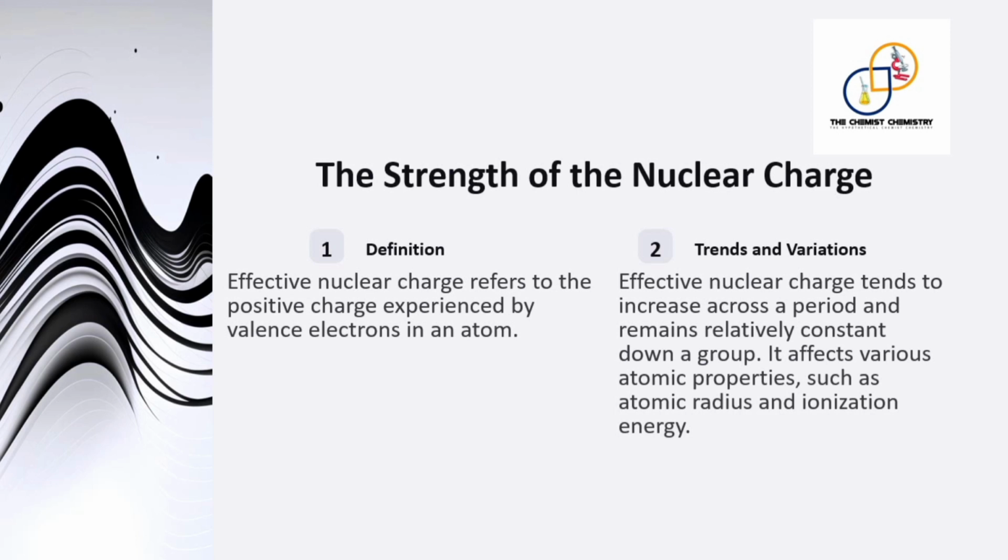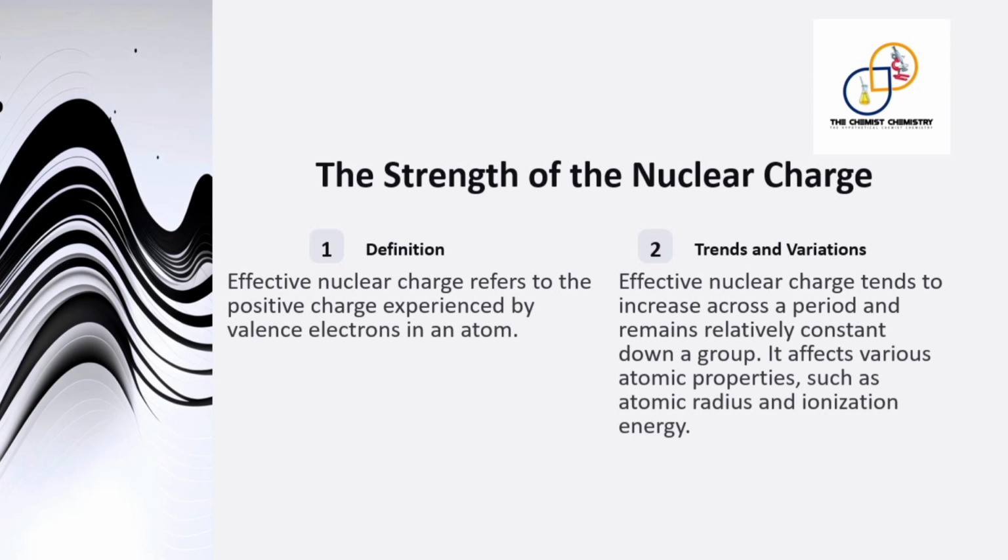So they are unlike charges, and there is this attraction between the two, causing the size of the atom to decrease or shrink in terms of radius. Yes, so that is the effective nuclear charge.